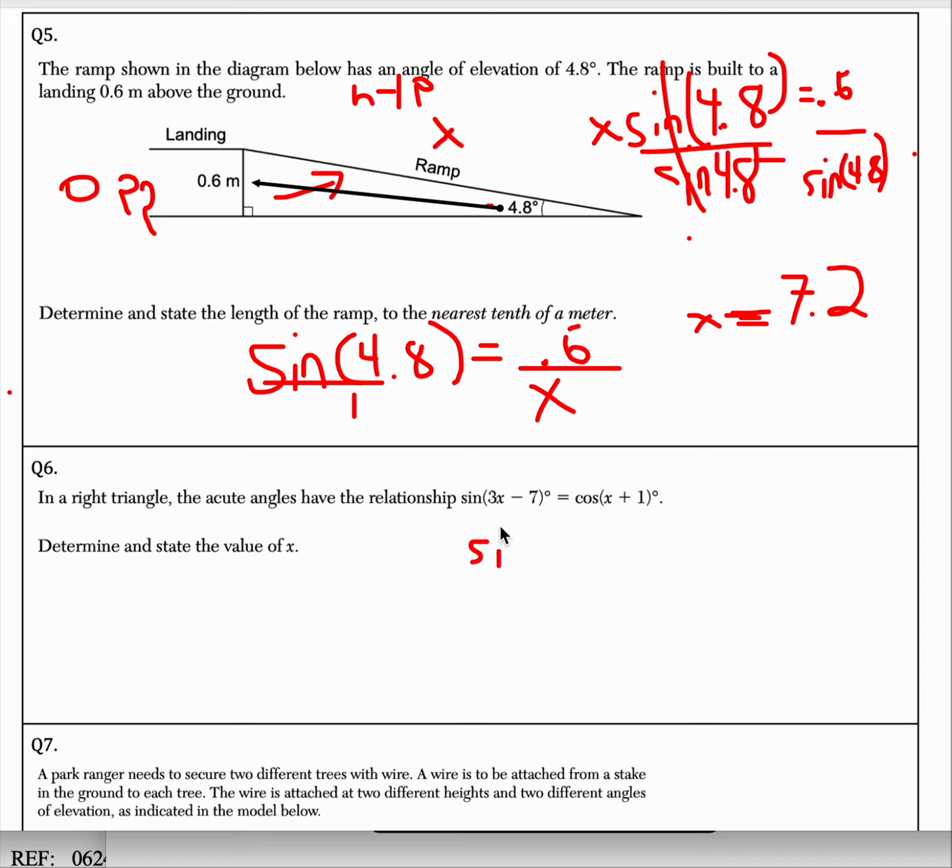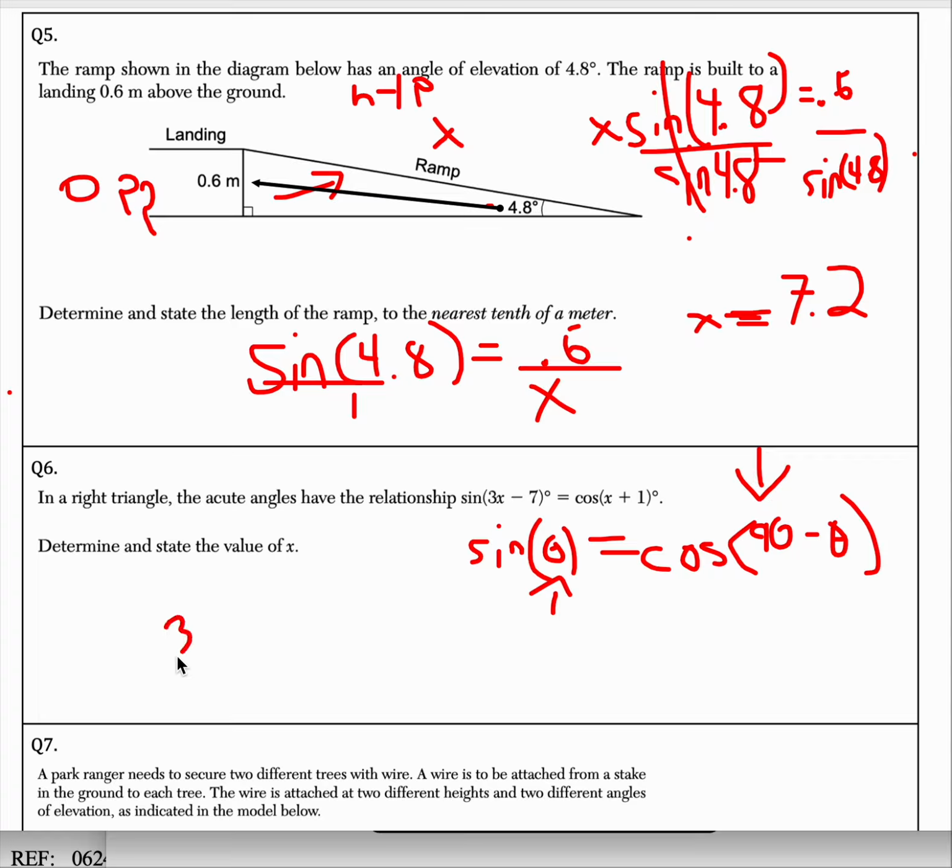So whatever sine of theta is, that means it's equal to cosine, and the angle has to be 90 minus theta. So now we know that whatever is in here and whatever is in here has to add up to 90, because they're complementary angles.